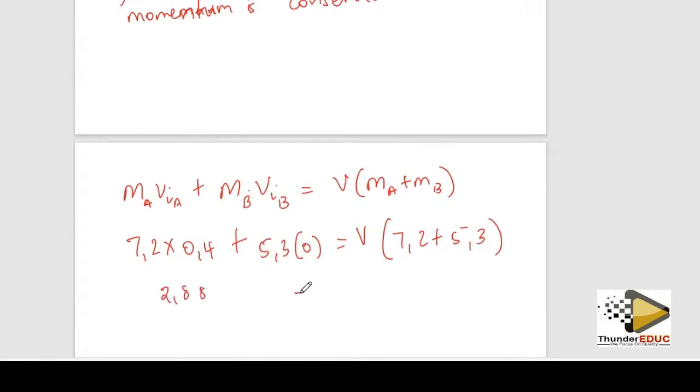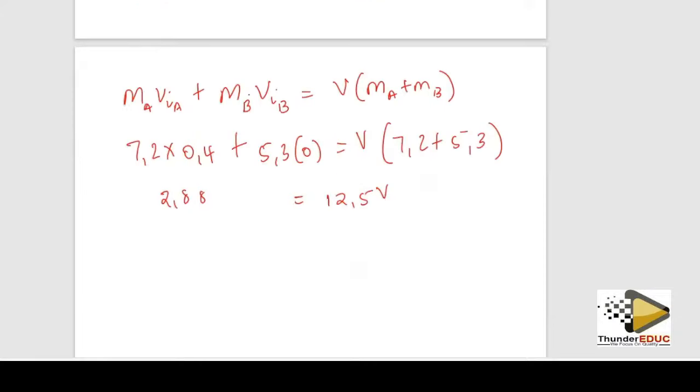We know this is a 0, so on my left I'll have 2.88, and then 7.2 plus 5.3, that's a 12.5 velocity. And I'll divide both sides by 12.5. So this cancels that. And then my velocity is going to be, what is it?